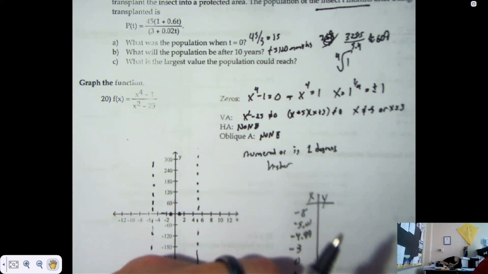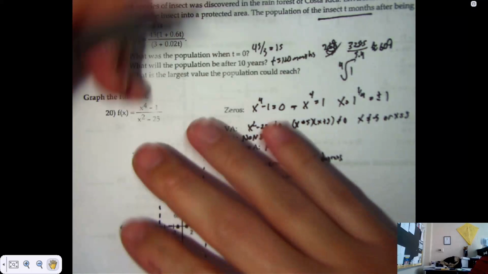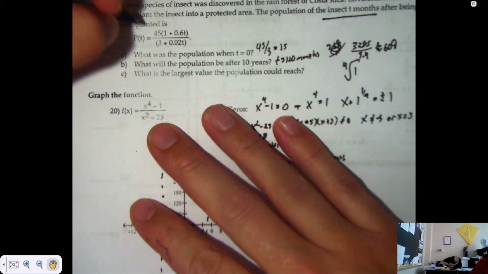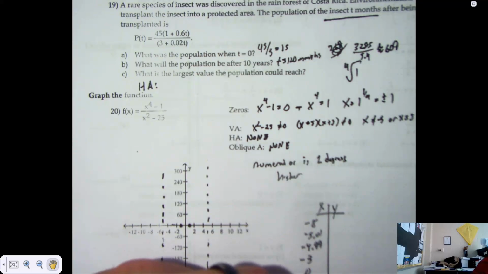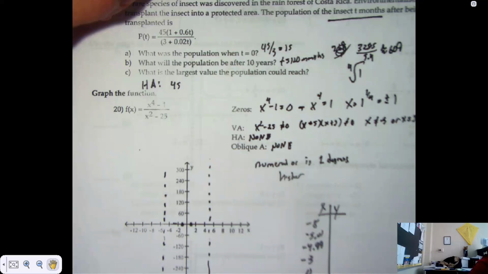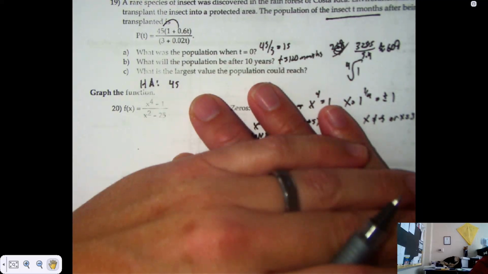What is the largest value the population could reach? I don't remember if you remember this in the homework problem yesterday, but I think they're kind of looking here for a horizontal asymptote. That's what they're looking for. What I'm going to do is a little distribution here. I'm going to distribute. 6 tenths of 45 is 27.